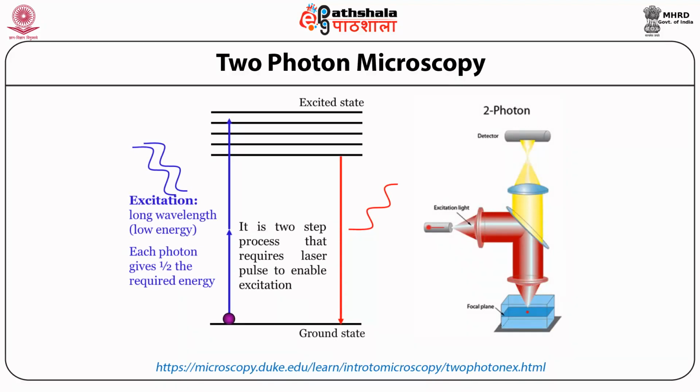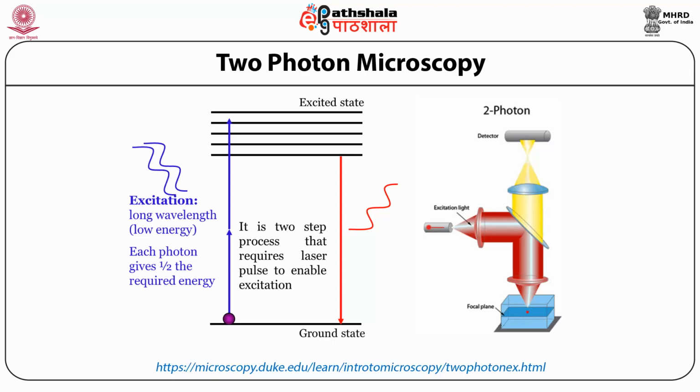Here is the schematic of how two photon based microscopy is used, and if you remember the earlier picture which we showed, where our sample is getting excited and reaching from ground state to excited state in one go.